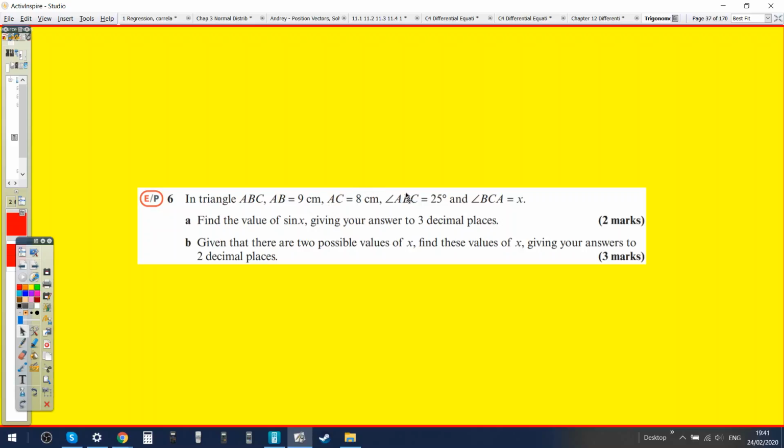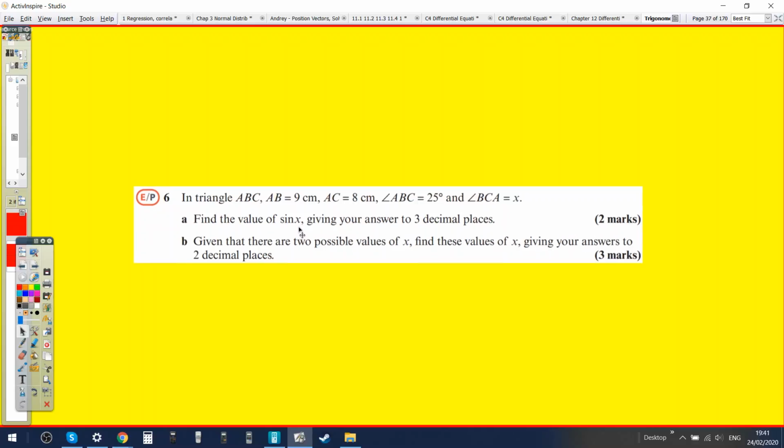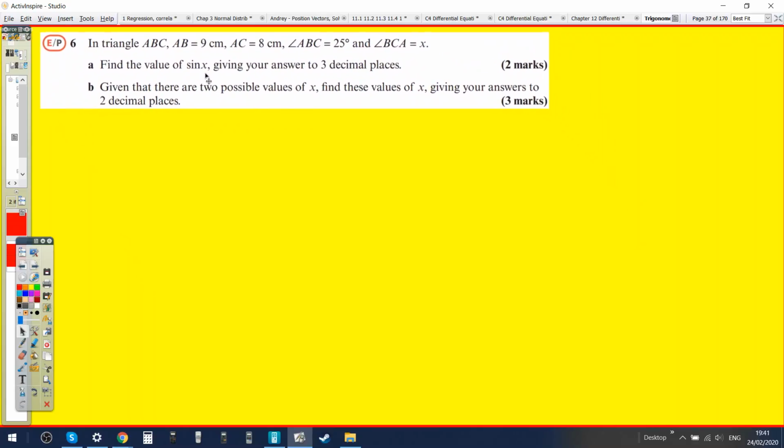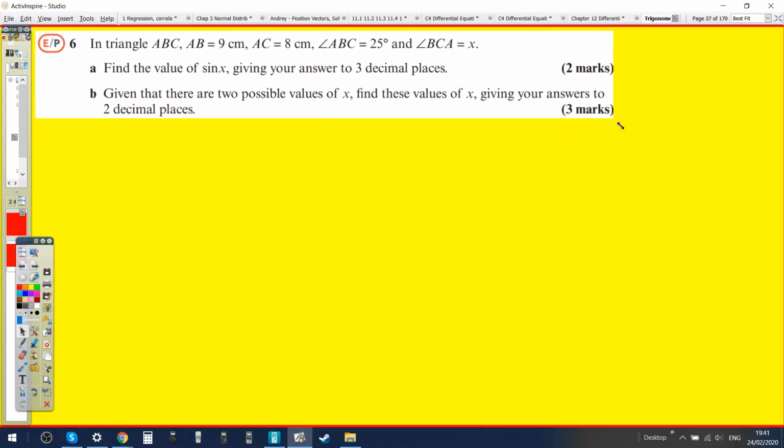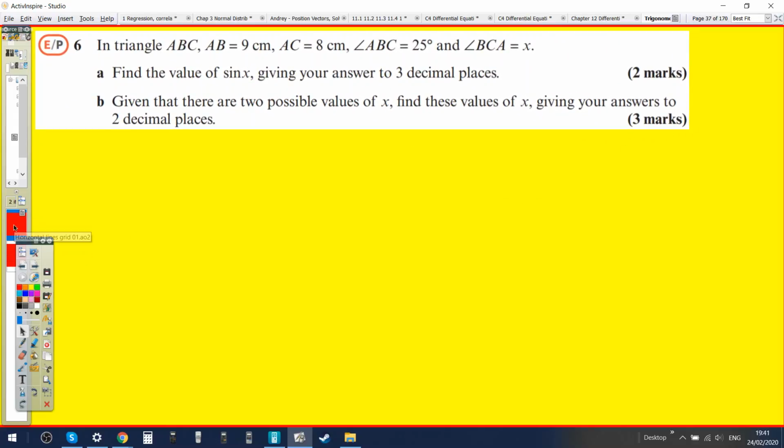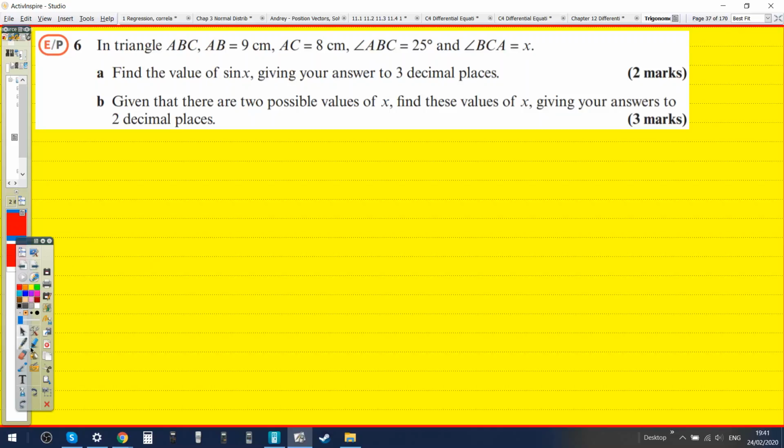Let me see. 9, 8 of sine x. Yeah, this is a bit. We'll do this one. How about this? So draw a triangle again.